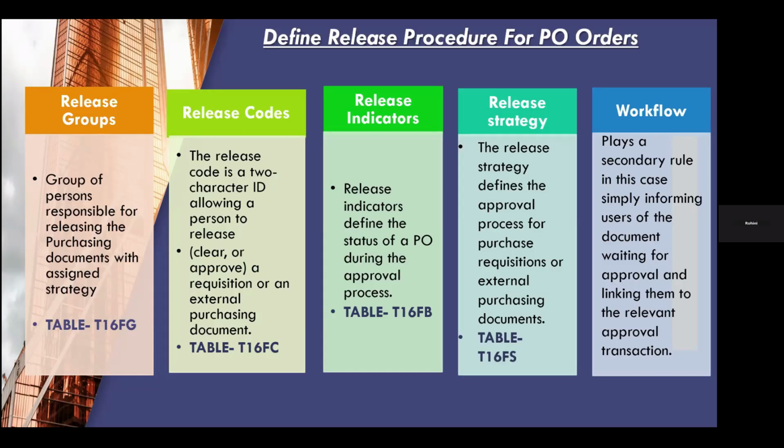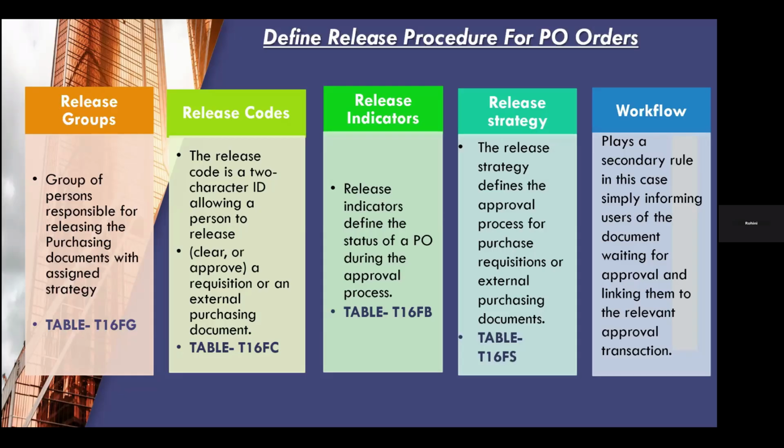If we create for the price range, from this range to this range, the end user or buyer can release the PO. Or if it is more than that, the TL will release, or more than that, the manager, more than that, the director. That way we will have the hierarchy. So a maximum of 8 hierarchy levels we can maintain in SAP, and that we call release codes. The table for release code is T16FC.